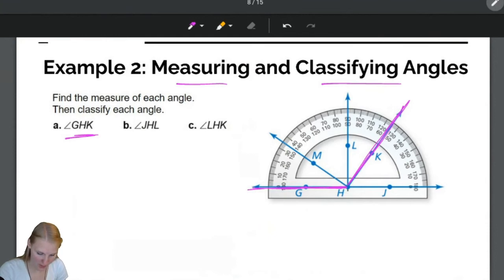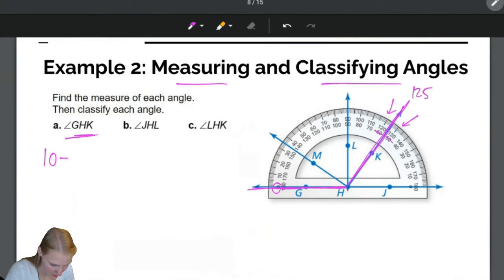So I'm going to use the numbers on the top. I like to use the numbers on the top. So G is at 0. So I have the absolute value of 0 minus, over here, oh, look at that. It's perfectly in the middle of 120 and 135, because we're using the numbers on the top. So this is 125. We have 0 minus 125.